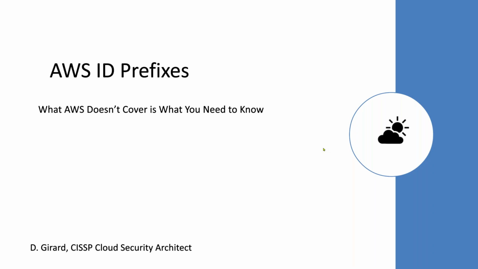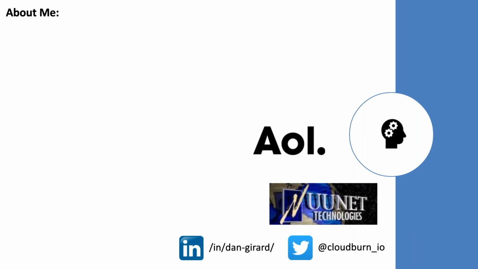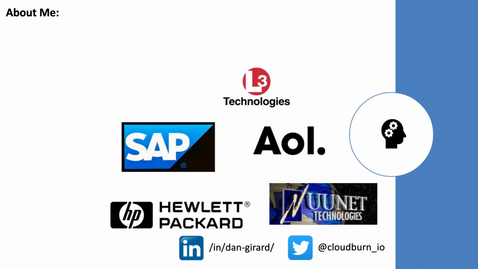Before we do, I wanted to give some background on who I am and how I got to this point in my career. If you want to follow me on Twitter or find me on LinkedIn, or ask questions after the fact, I'd welcome it. I've had the benefit and honestly the privilege of working at a lot of these companies, such as UNet Technologies and AOL.